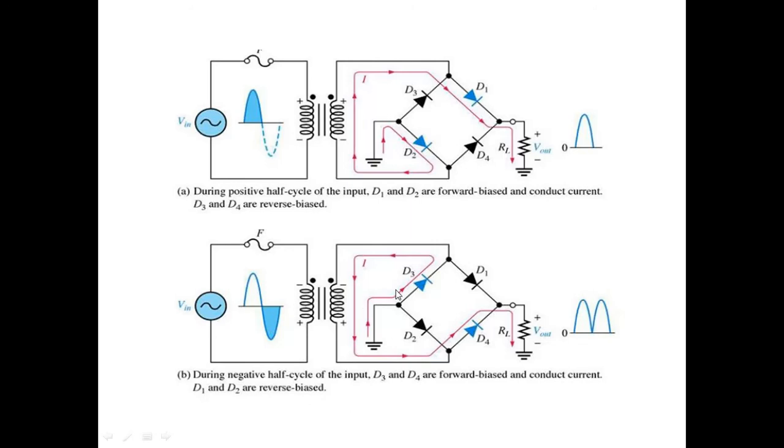Here this circuit has 4 diodes connected in the form of a bridge, that is D1, D2, D3 and D4. The AC input voltage is applied to diagonally opposite ends of the bridge, that is, this is the input signal.